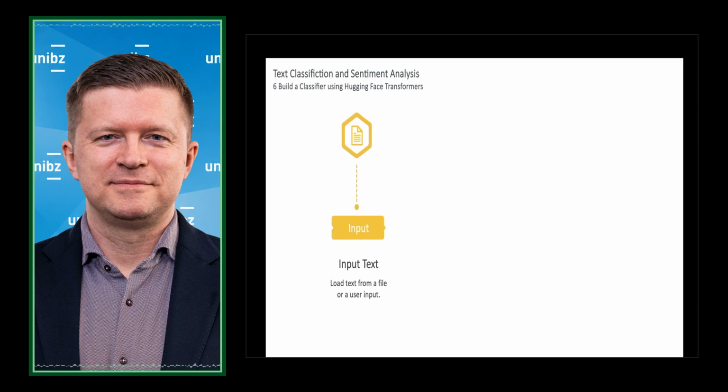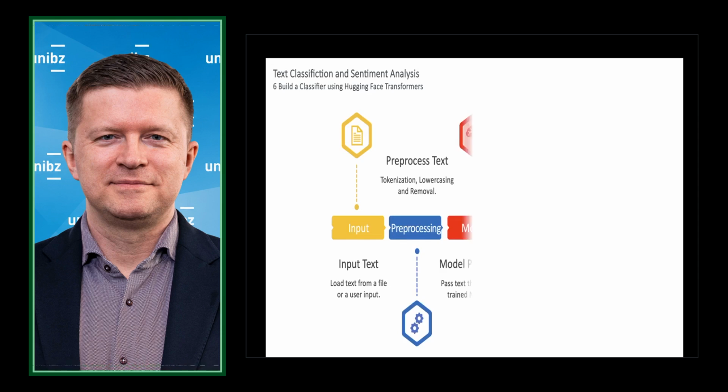So maybe a file, or it can also be user input. And then we do some pre-processing, but the pre-processing here is again tokenization, lemmatization, lowercasing, but also stop word removal. Then we load one of our pre-trained models, a pre-trained model of our choice, which is, as we have seen, oftentimes a fine-tuned model, fine-tuned for a specific task or for a specific language.